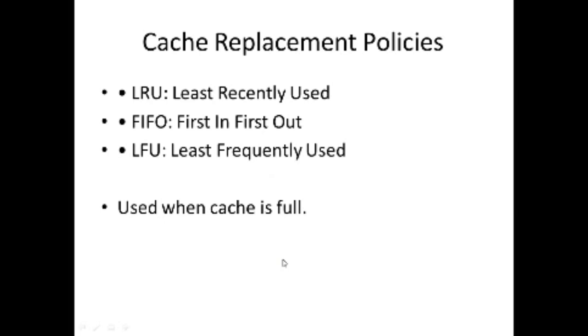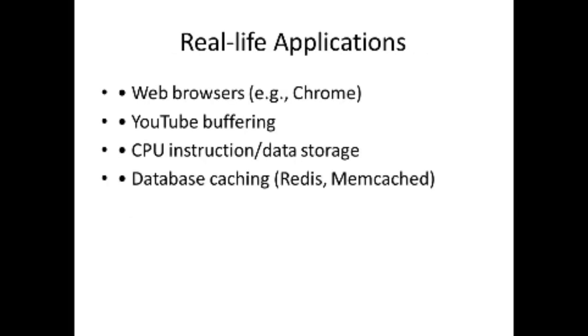So when the memory of the cache is full, then you use these to replace entries. So real life applications: web browsers, for example Chrome, YouTube buffering, the CPU instruction or data storage, databases, etc.